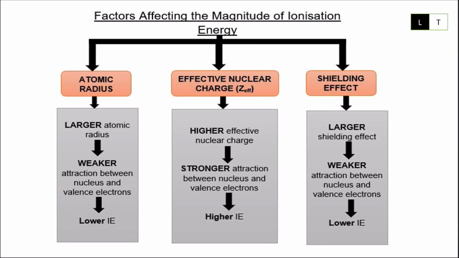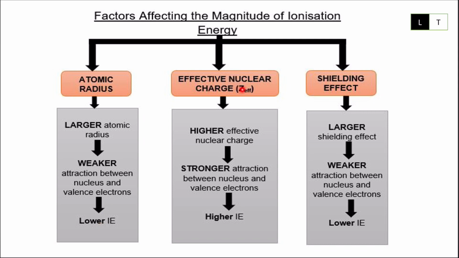Based on atomic radius or atomic size, if I have a larger atomic radius, it means that the attraction between nucleus and valence electrons is weaker. That is why we only use little energy to remove the electron, hence lower ionization energy.